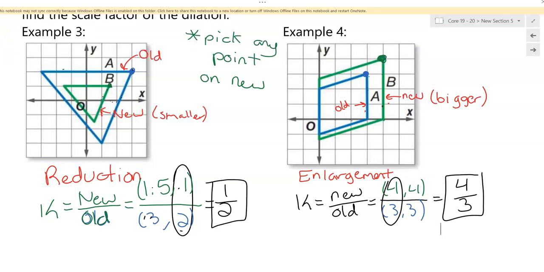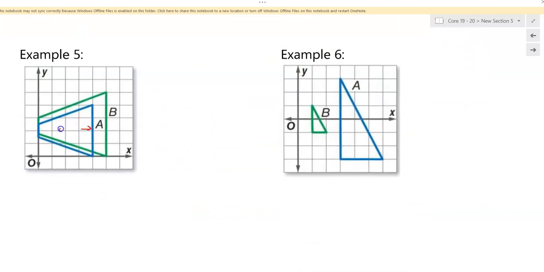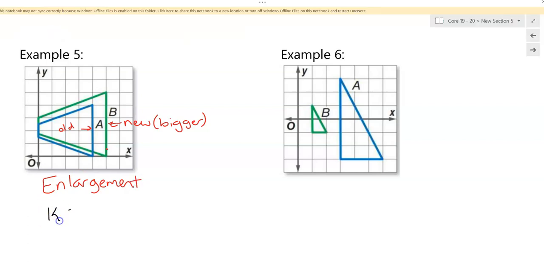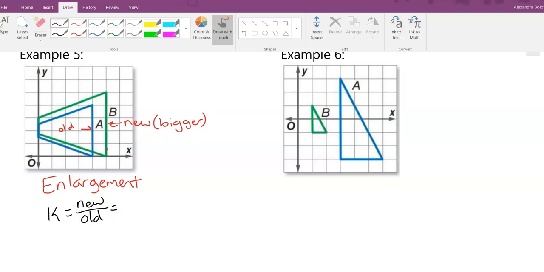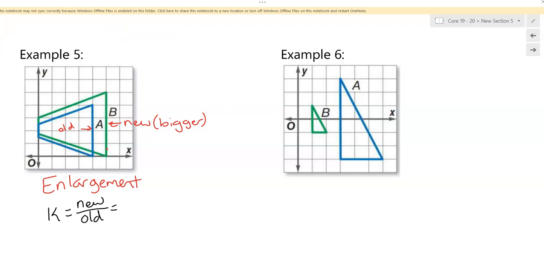That looks good. Looking at our next one, example 5. Again, A is our old. B is our new. Again, if I look at my B compared to my A, B is definitely bigger. So this is an enlargement. My scale factor equals new over old. I'm going to pick a point on my new.